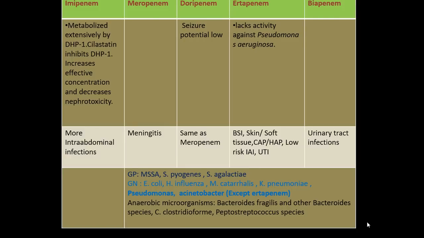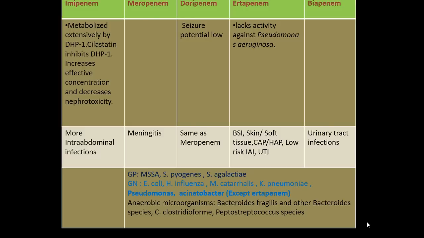Imipenem was originally used extensively for intra-abdominal infections, and the majority of imipenem is rapidly metabolized by renal dihydropeptidase-1 enzyme. So that is why we use it along with cilastatin. Cilastatin inhibits DHP-1. That's why it increases the concentration required to kill the bacteria, and at the same time decreases the overall nephrotoxicity of imipenem also.